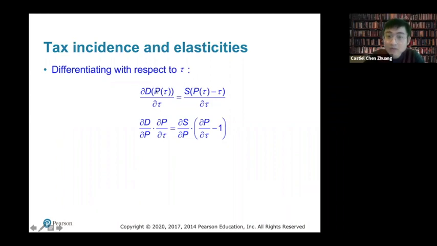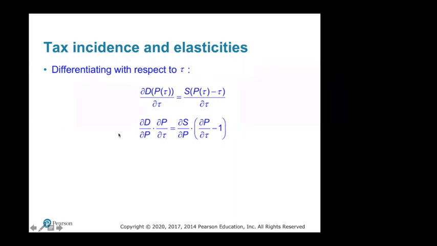Use the chain rule, so the left-hand side. When you take the derivative of D with respect to tau, P is a function of tau, and D is a function of P. So it's a function of a function. You use the chain rule, so you get d over dP times dP over d tau. So that's the left-hand side.